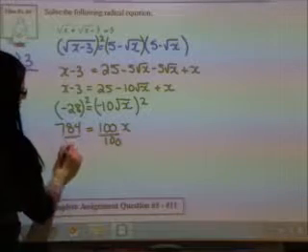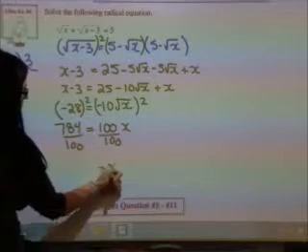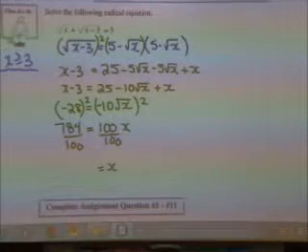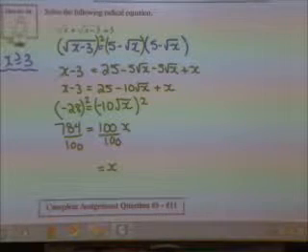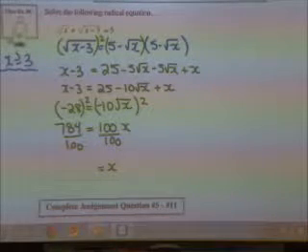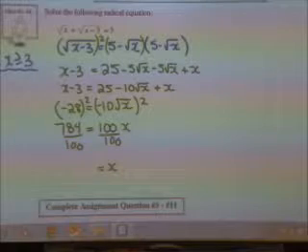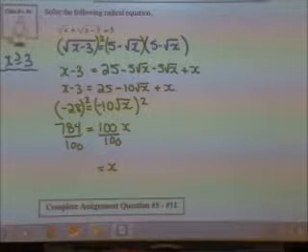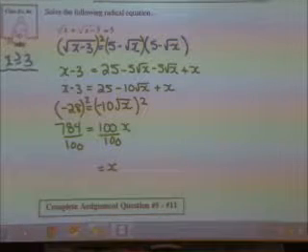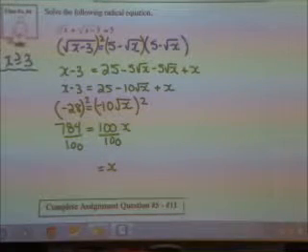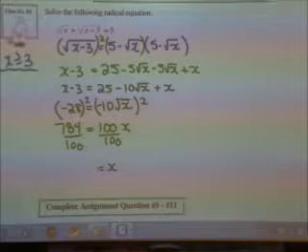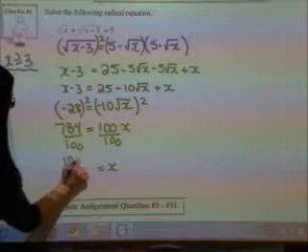Divide by 100. What is 784 divided by 100? Okay, what is that as a fraction? Oh, 196 over.